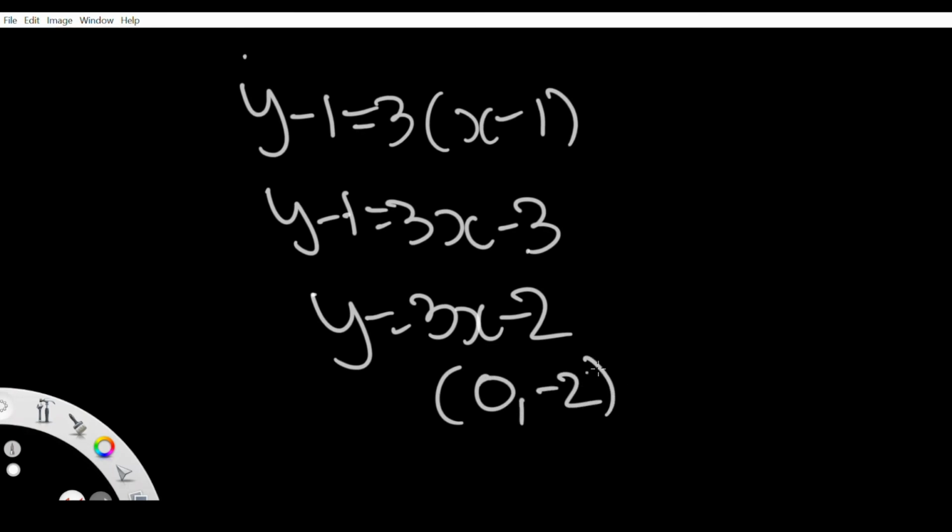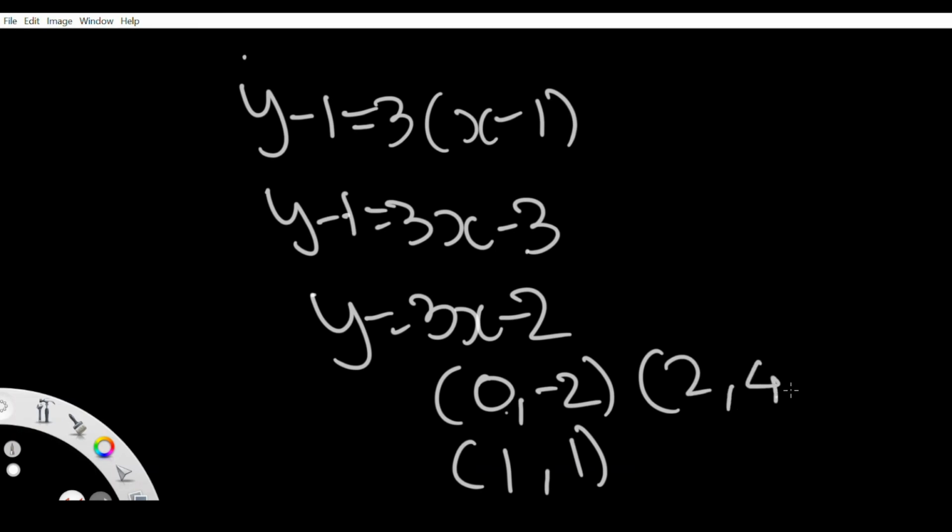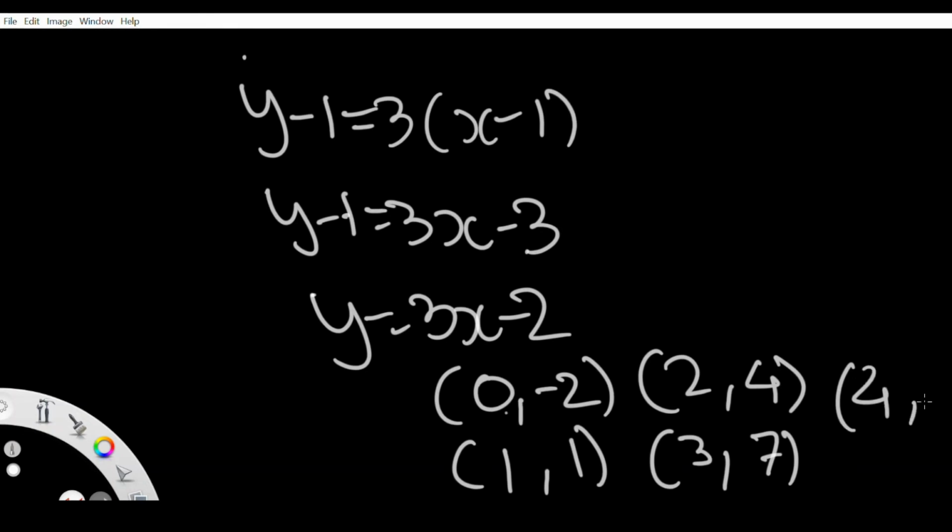So with that knowledge, we can substitute in values. So if we put 1 here, another point would be 1, 1, 2, so 2 times 3 is 6, minus 2 is 4, so 2, 4, and 3, 7. And finally 4, 10.